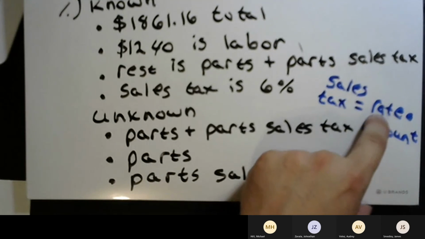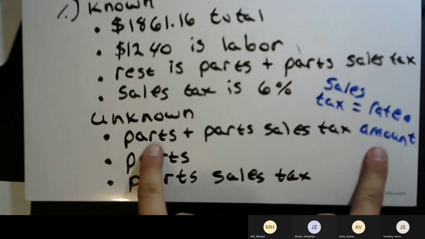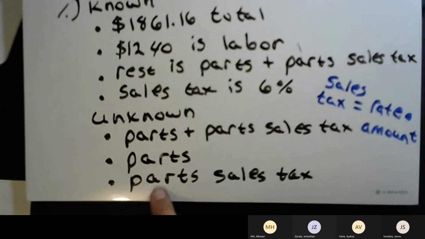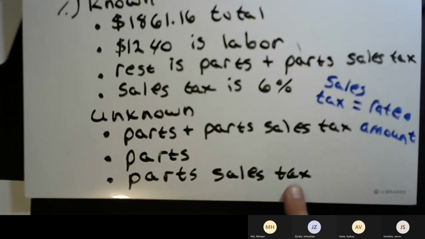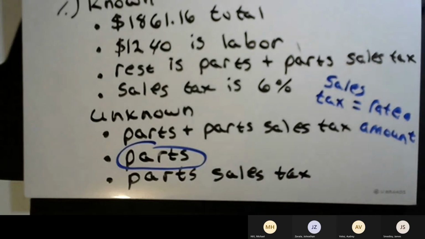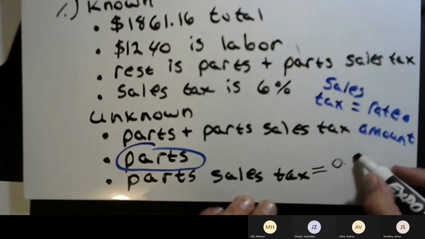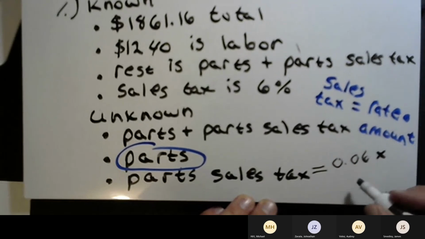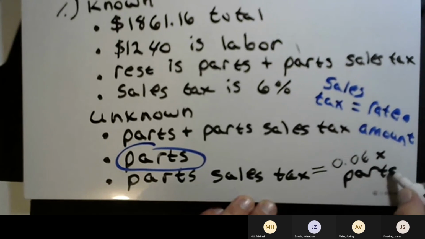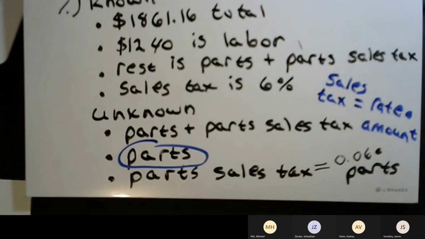And since we know the rate is 6%, we can take the 6% times the amount spent on parts, and that's going to give us the parts sales tax. So the real unknown here, the one that's really mysterious, is this. Excuse me, because this is going to be 0.06 times the amount spent on parts. So if we know parts, that's the big unknown.